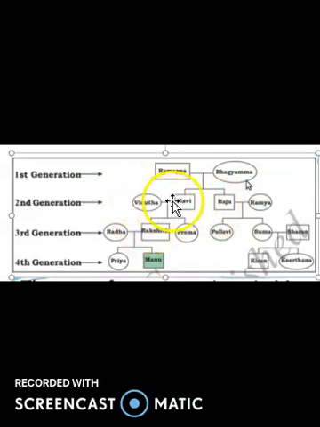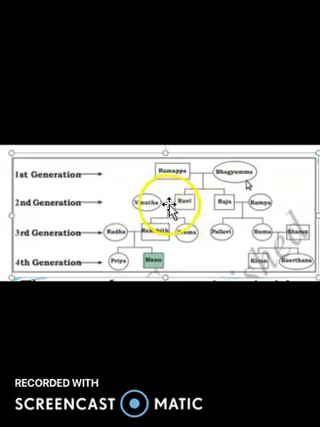It is only connected to Ravi. It is not connected to Ramappa or Bhagyama. Why? Because she is not the daughter of Ramappa and Bhagyama. She is the daughter-in-law of Ramappa and Bhagyama. That means she is the wife of Ravi.